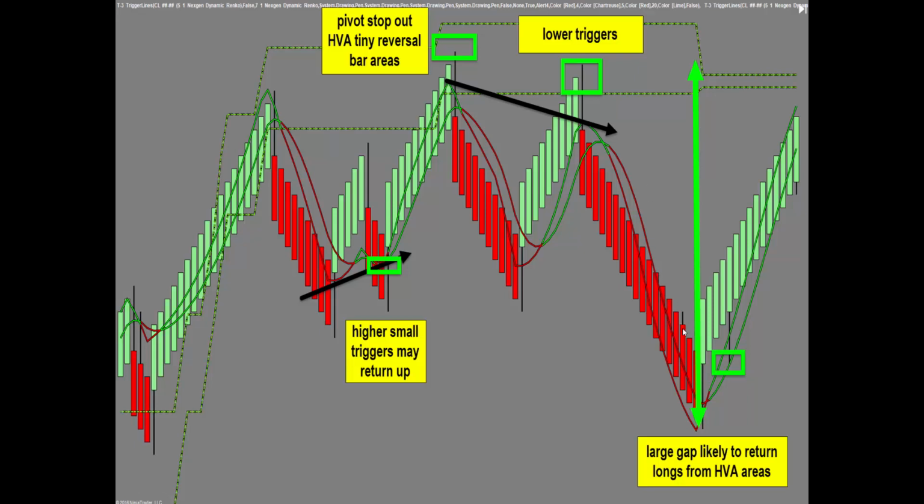Now, as the gap gets really large and our synthetic triggers haven't come down, I want you to recognize one more time a pullback to very wide small triggers to the upside with this big gap back up to synthetic triggers. Very good look for a counter trend trade long if you have the right areas and opportunity.